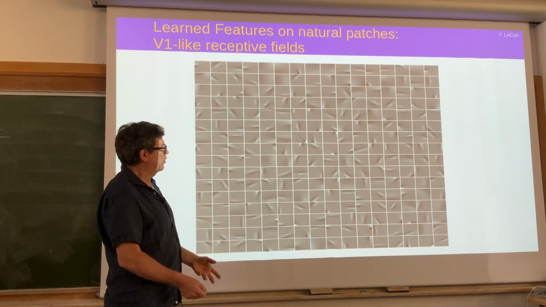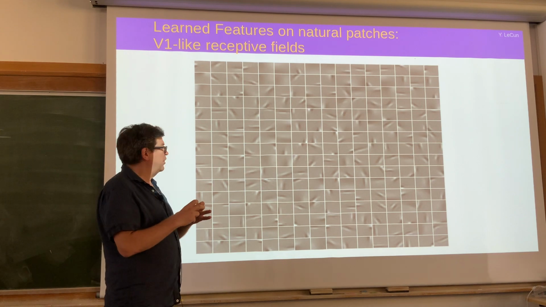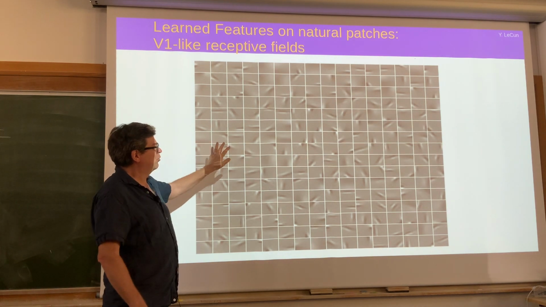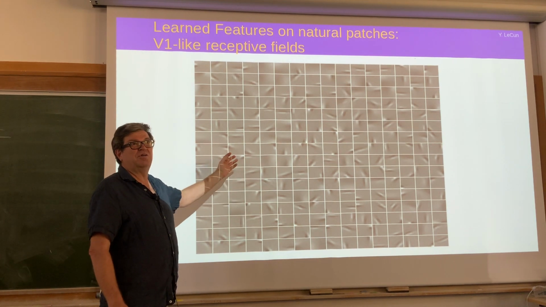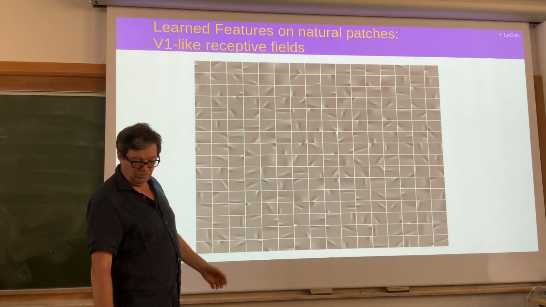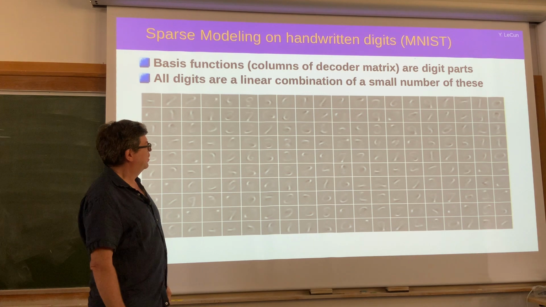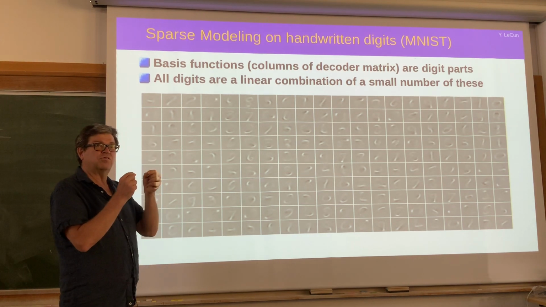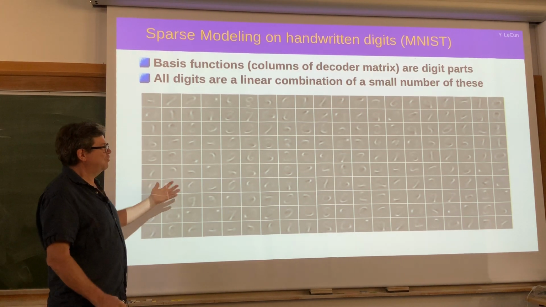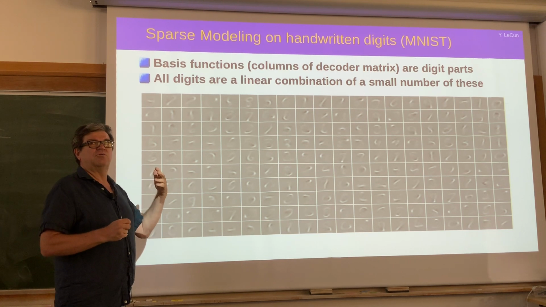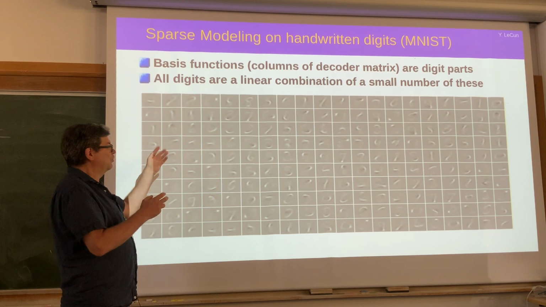In the end, you can reconstruct any image patch by a linear combination of a small number of these guys. And they basically encode edges, because that's the most interesting thing that happens in images. If you apply this to MNIST, you get this. So you get little pieces of strokes, and that indicates the fact that every digit can be reconstructed as a linear combination of a small number of strokes.